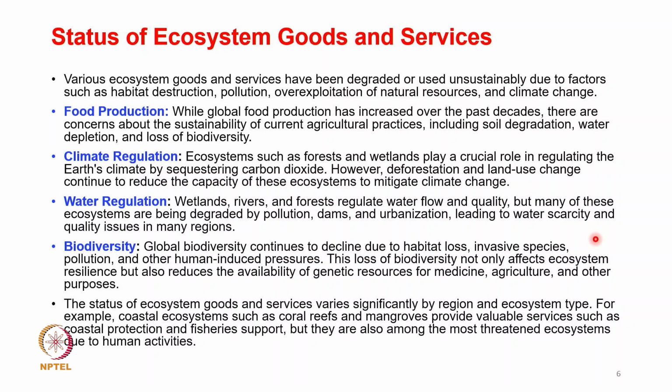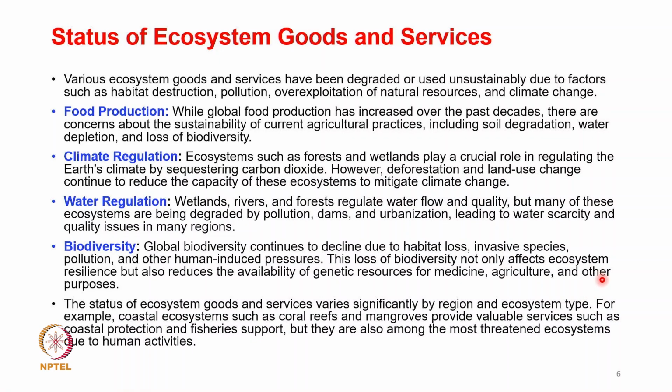So, ecosystems have a natural capacity to regulate water, but if the groundwater is depleted because the soil is eroded, the water is not going inside the soil and just drains. So there is no groundwater, eventually leading to water scarcity and quality issues.